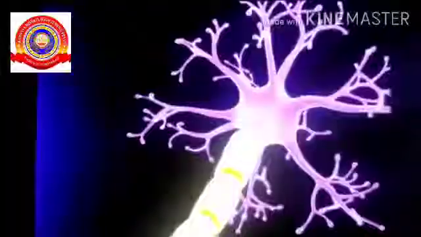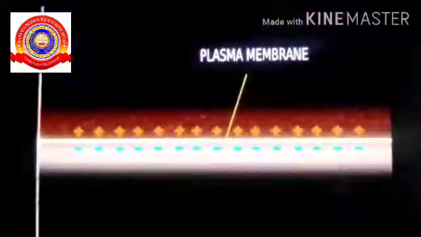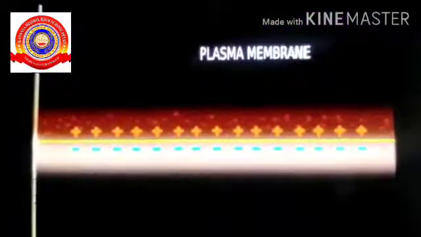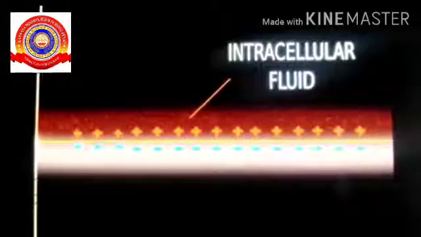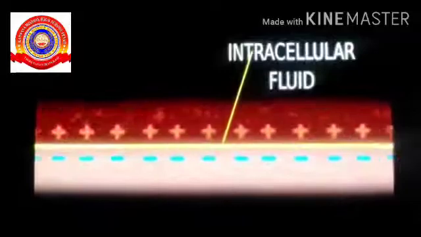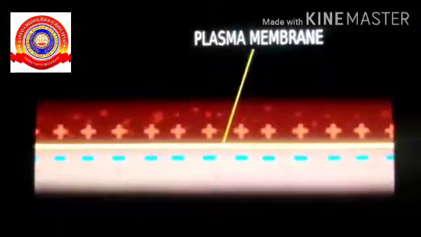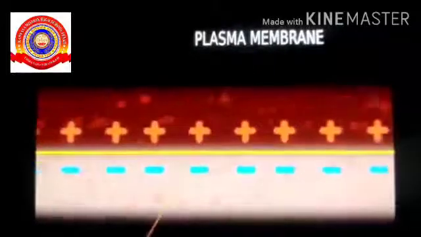Okay, watch the video. Plasma membrane covers the receptor cells. Cytoplasm is seen inside the plasma membrane and intracellular fluid is seen outside. The plasma membrane has positive charge outside and negative charge inside.